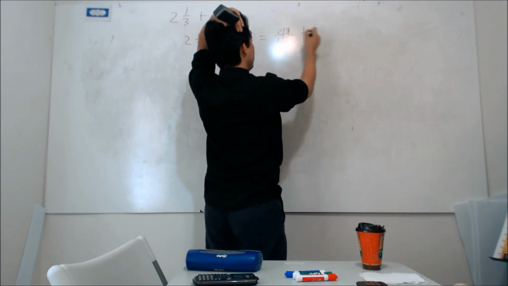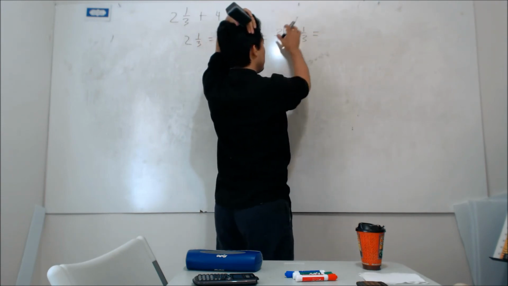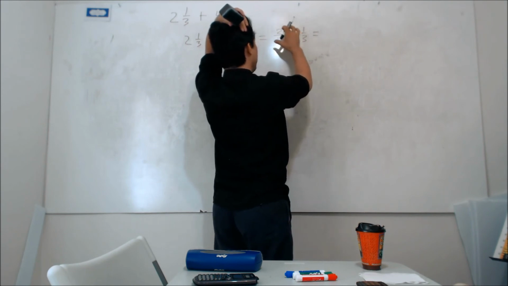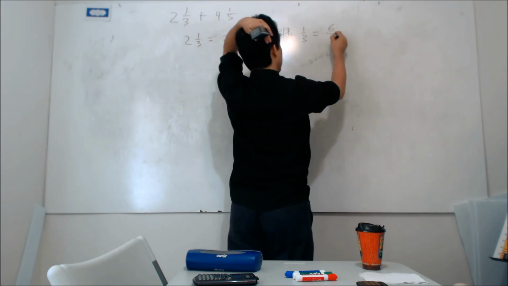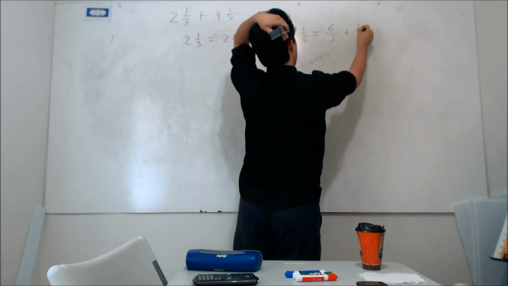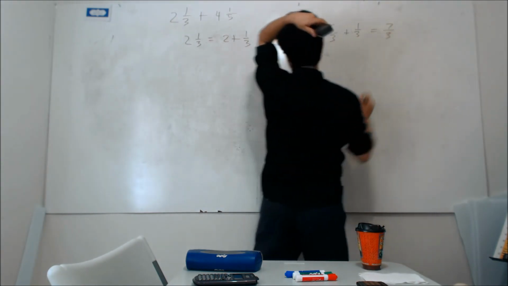So 3 times 1 is 3. And 3 over 3 is 1. So 3 over 3 times 2 will still be 2, but it'll look different. It'll be 6 over 3 plus 1/3, which equals 7/3.